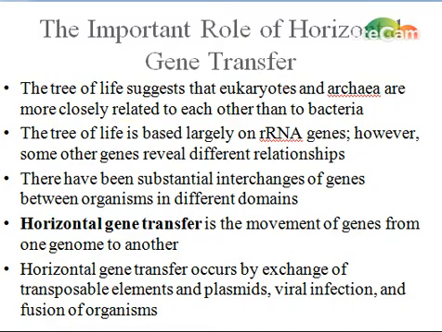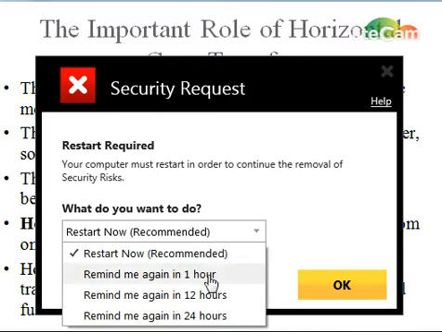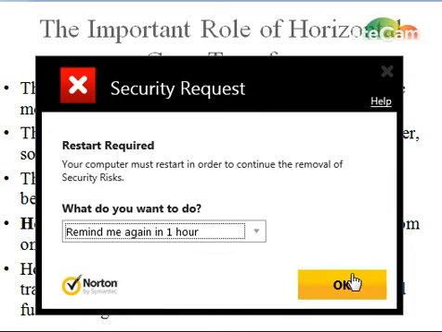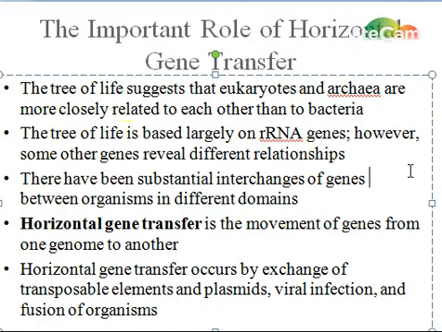The tree of life is based largely on ribosomal RNA genes, which are the ones that change very slowly over time. So those are the ones that are used for the long-term relationships that we're looking at.